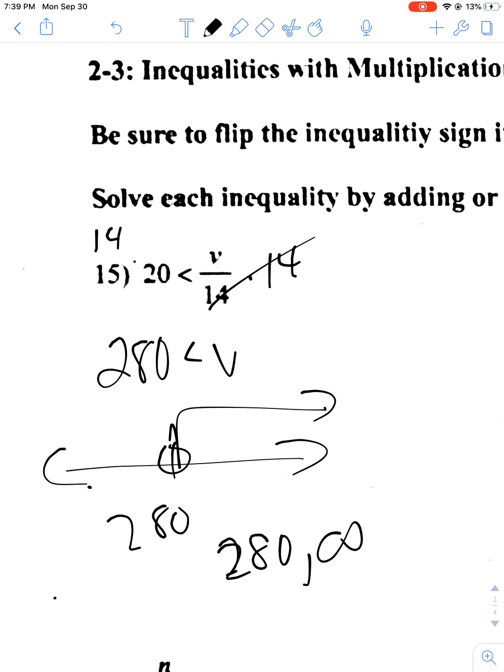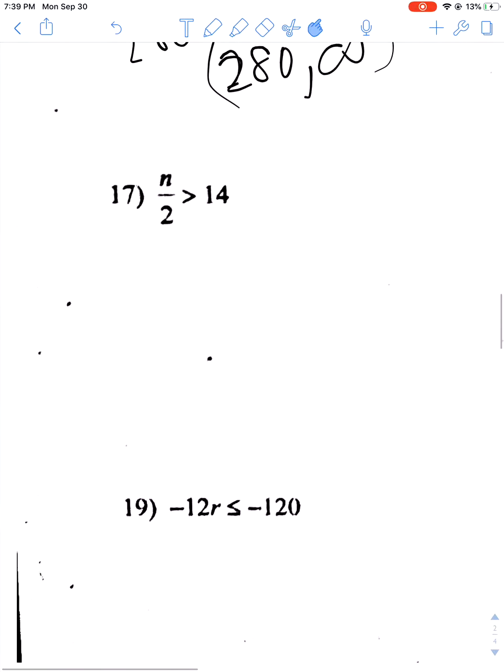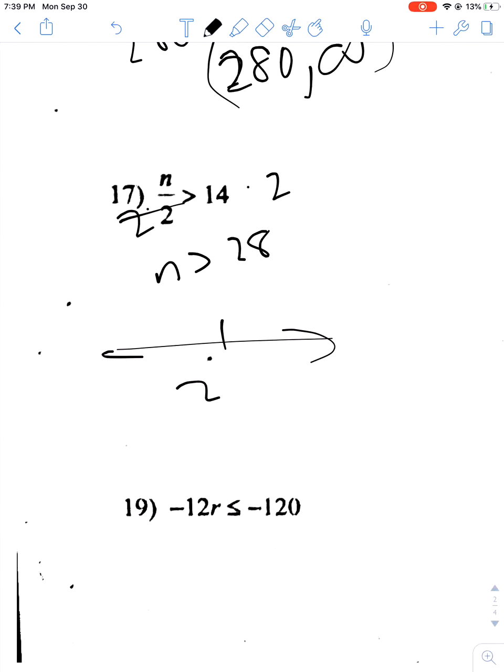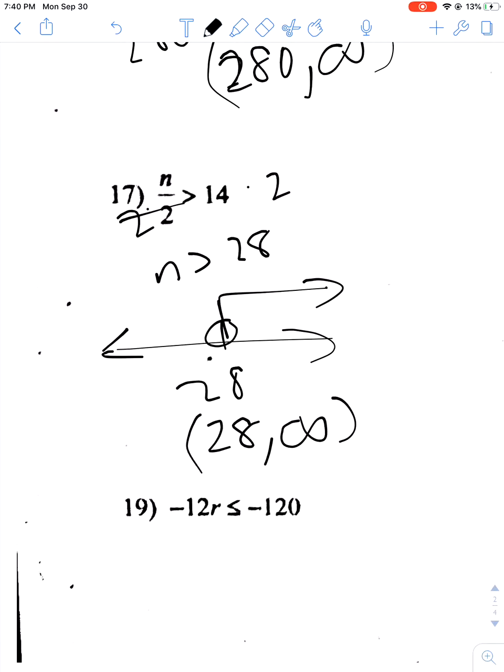When does it stop working? Infinity. All right, multiply by 2. N is greater than 28. Put 28 on here. Open because no line underneath. N is bigger. When does it start working? When does it stop working?